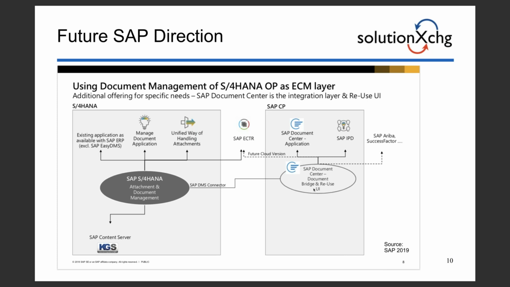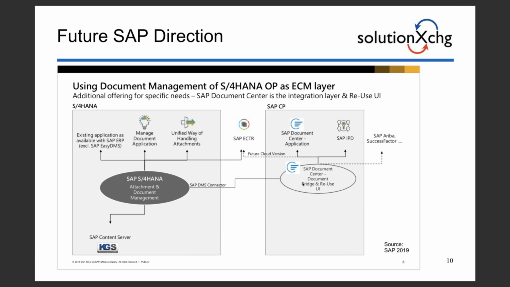So this is how SAP sees the future. The old world continues to rely on SAP Archive Link. All on-premise functionality relies on SAP Archive Link. And the SAP Document Center services all cloud-based applications.